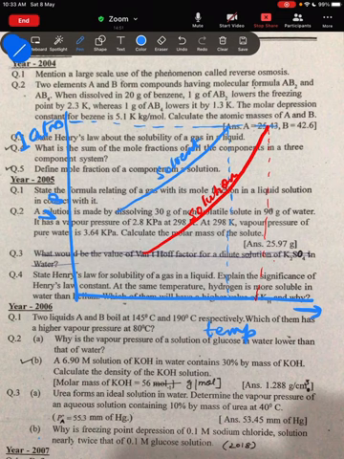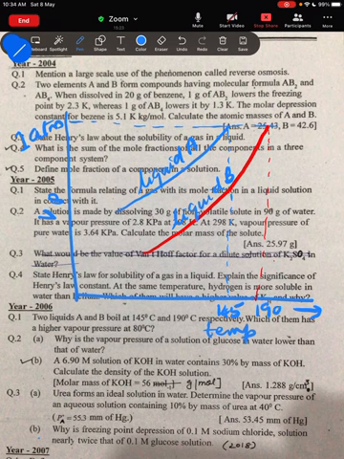Now two liquids are given, so take them as liquid A and liquid B. A boils at 145 and B boils at 190.